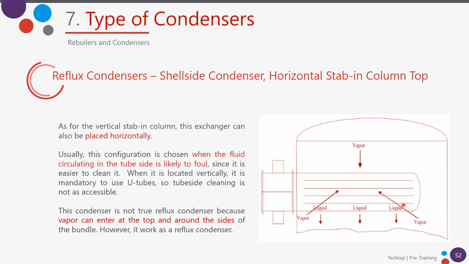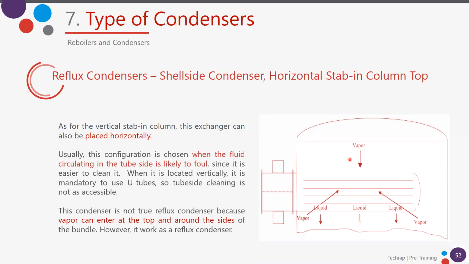Well, we usually use them for vacuum distillation processes where we need a very low pressure drop, because with this type of condenser we do not have these piping pressure losses.